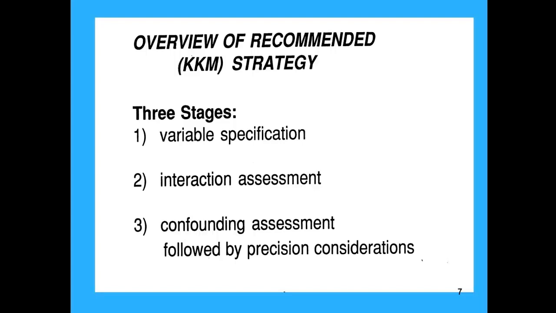You should start thinking about it in the design, in terms of how you're going to do the study and what you're going to measure. But when you get down to the analysis, you better think about what your DAG is, because that's going to help you decide what should go in that initial model. You're not going to put certain things in that initial model to control for if your DAG suggests that you shouldn't control for them.